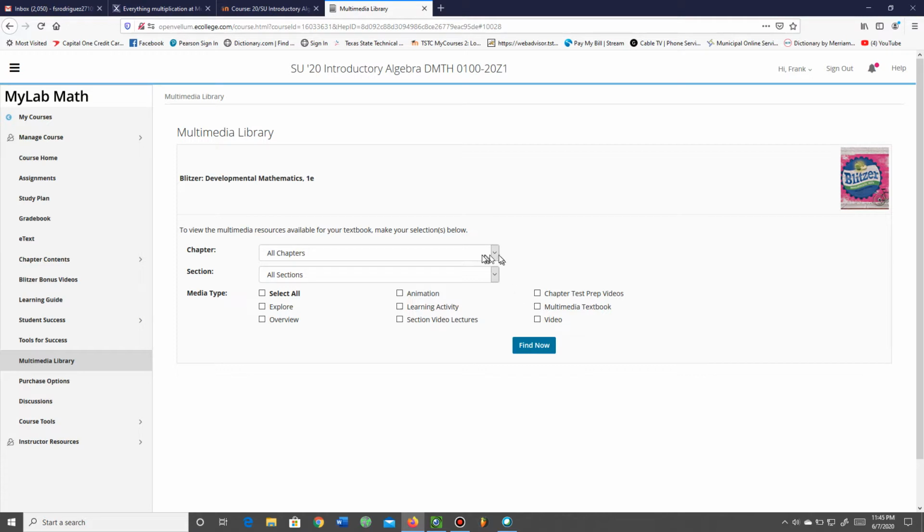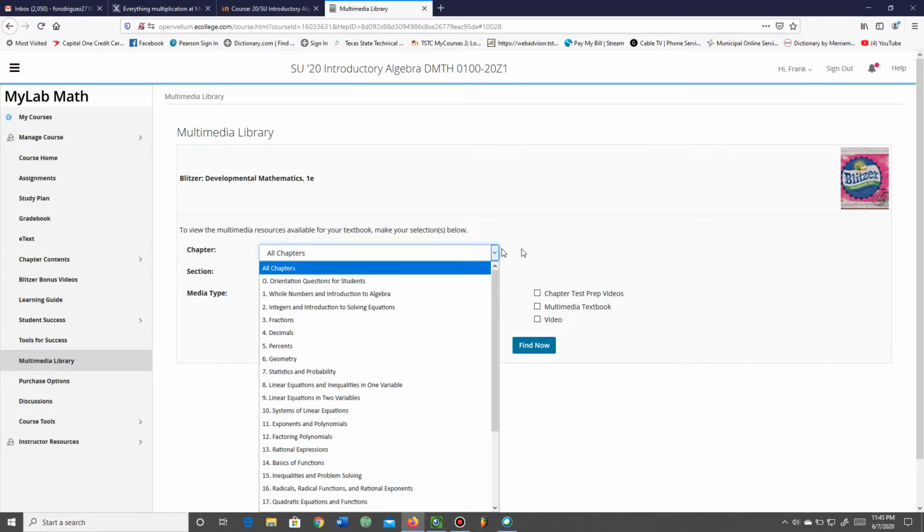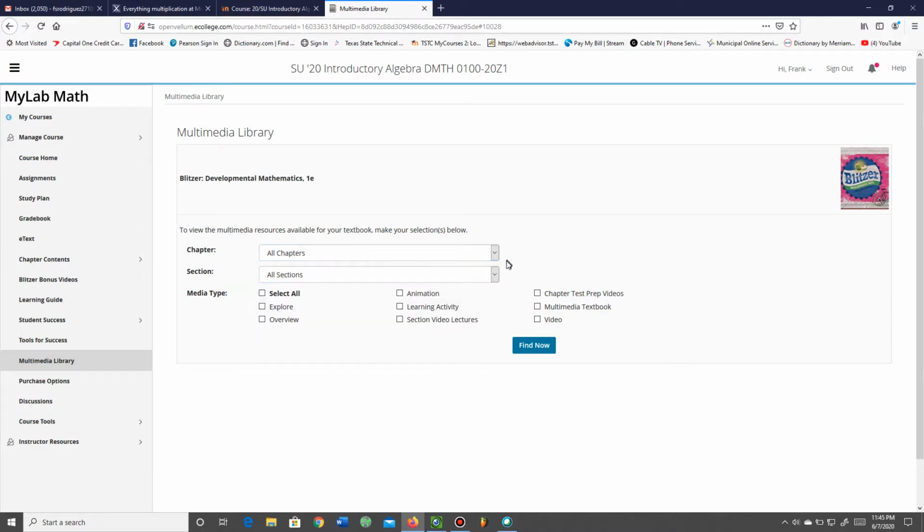Then click on the chapter and section, and choose either multimedia textbook or video or both, and that should teach you how to work out most of the problems.